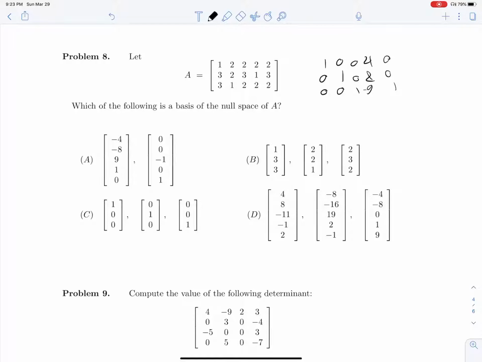But now we are ready to find the basis of our null space. We know that the null space is going to be the solution of Ax equals 0. So we're solving this right here.